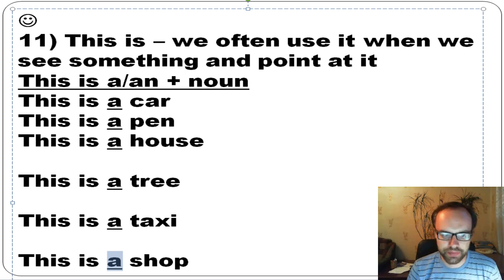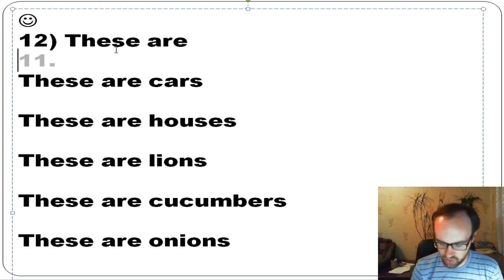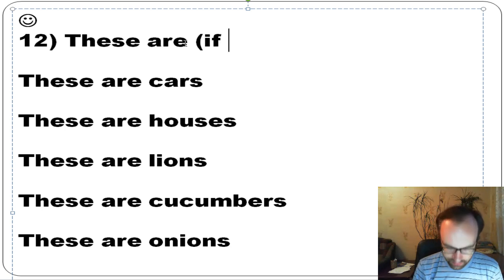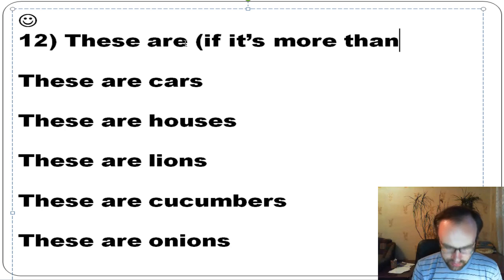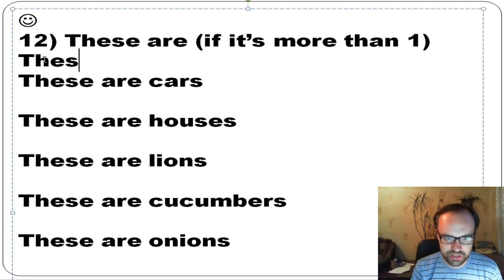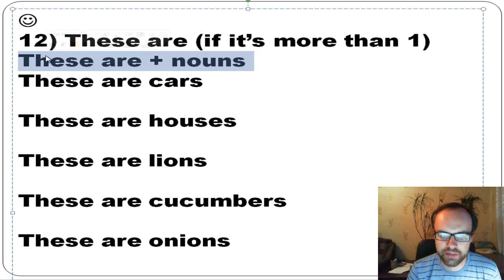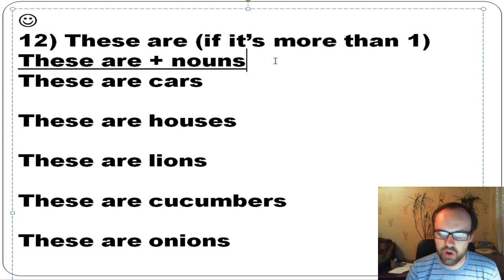Okay, so noun. And we can use these are. So if it's more than one, we use these are plus nouns. Yeah, we don't use an article here, so it's also very important.